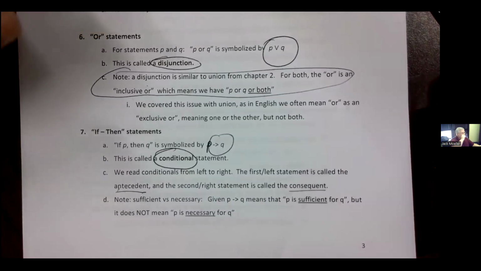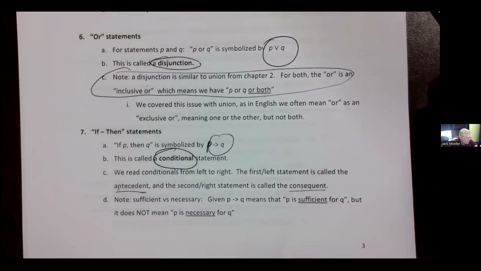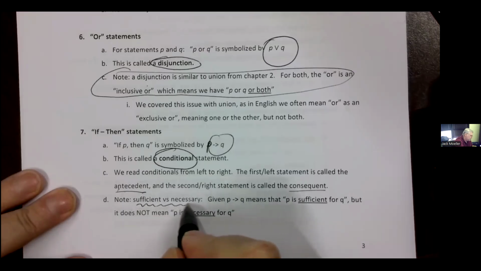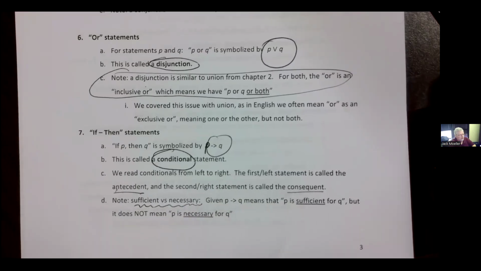Something that's going to get mentioned here and there, though since we're stopping at 3.3 we're not going to have to deal with it a lot, is another language of logic you need to be aware of: sufficient versus necessary.